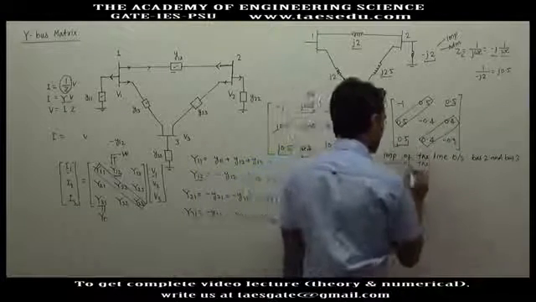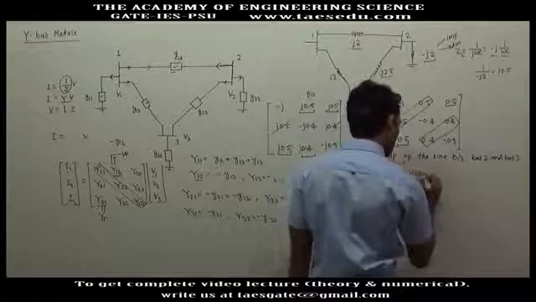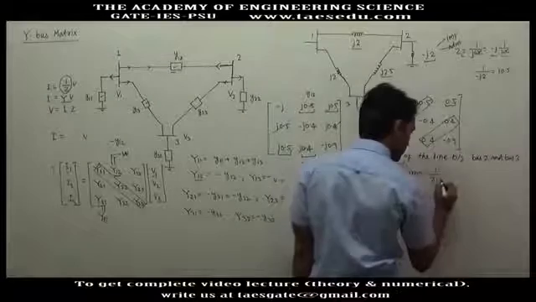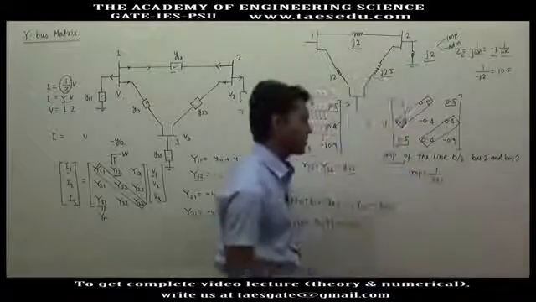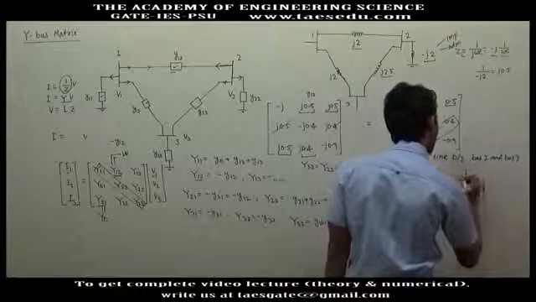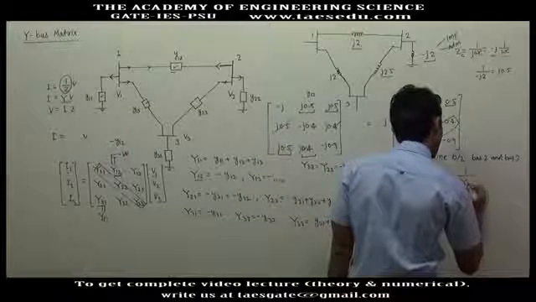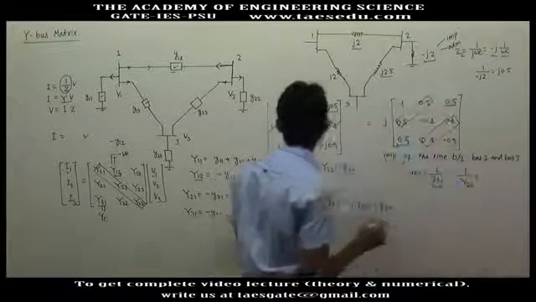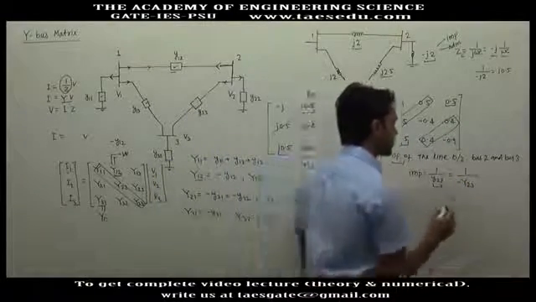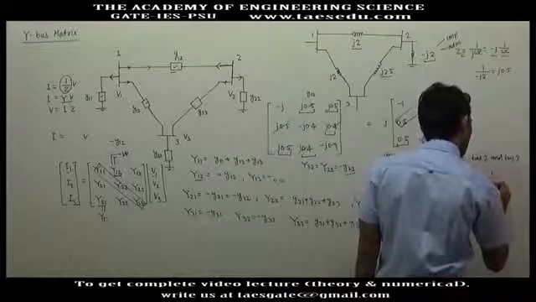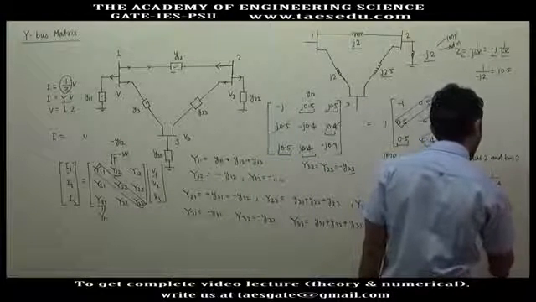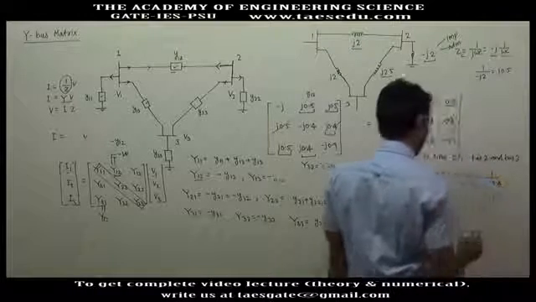So what will be the impedance? Impedance will be the inverse of admittance, and the admittance is small y23, not capital Y23. A small y23 is 1 by minus of capital Y23. So here you have y23, this will be 1 upon minus of j 0.4, which is nothing but j 2.5.